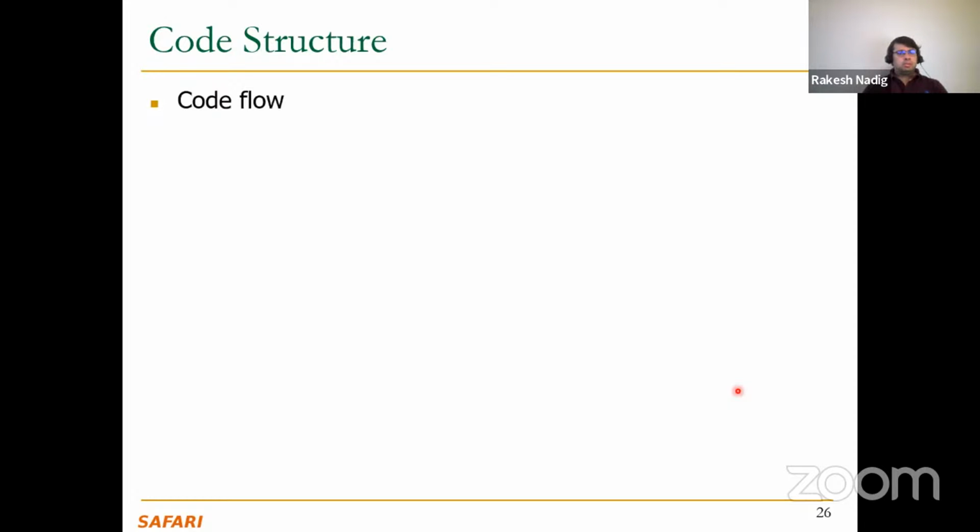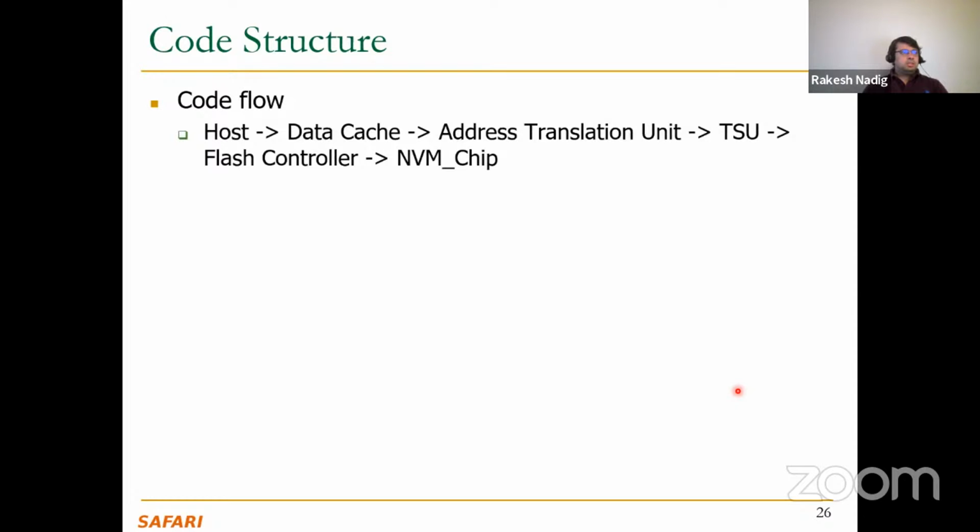Now let's look at the code flow. Any request has to come from the host, and then to the data cache. If it's a read or a write, it checks whether the data is available in the cache, and then it looks at the address translation unit to see if there is a mapping entry in the logical to physical address mapping table.